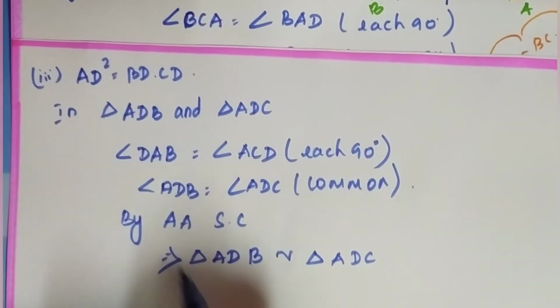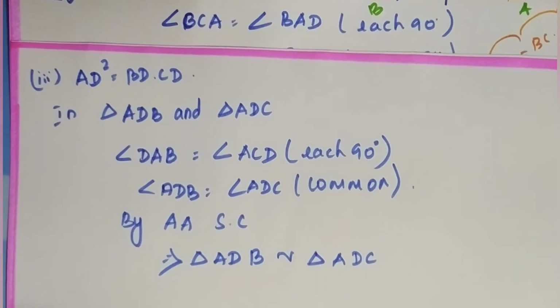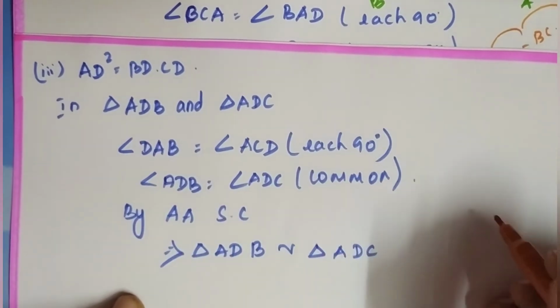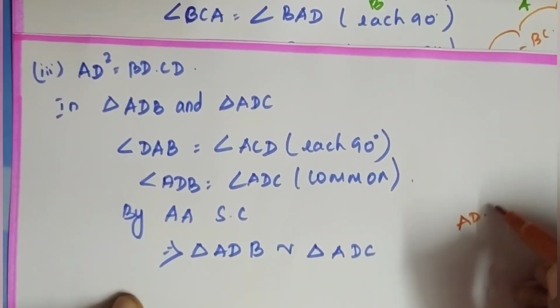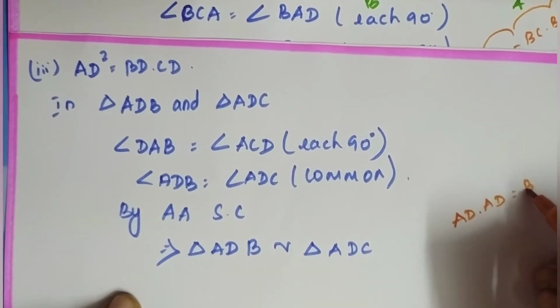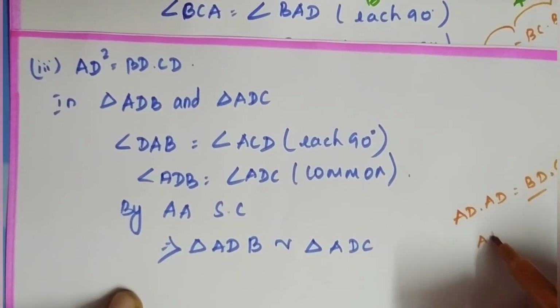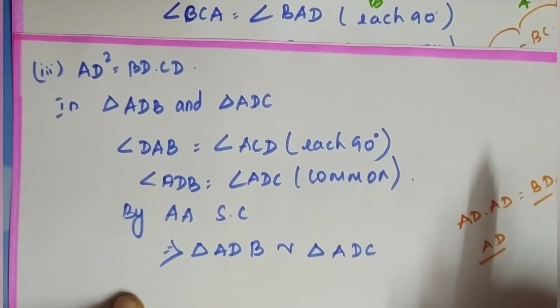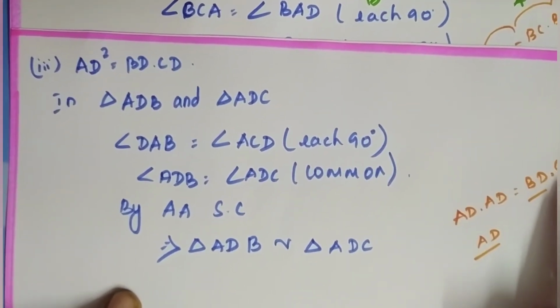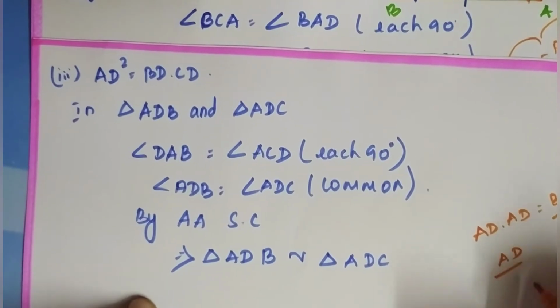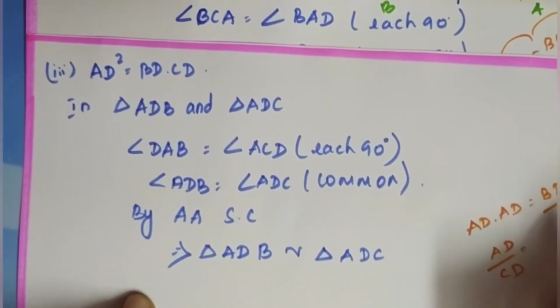From this only I am going to take the corresponding sides, because many students will make mistakes in this only. So AD square we can write as AD into BD into CD. One AD you have to write here, and the CD only the second triangle side.